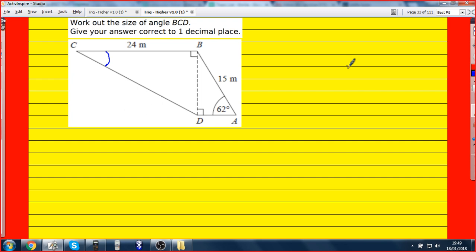Yeah. So would we do the 15? Yeah. So you would do sine 62, which is O over 15.